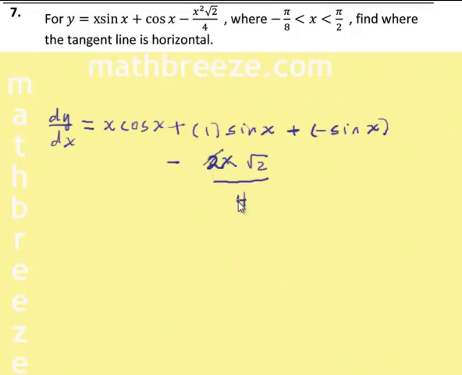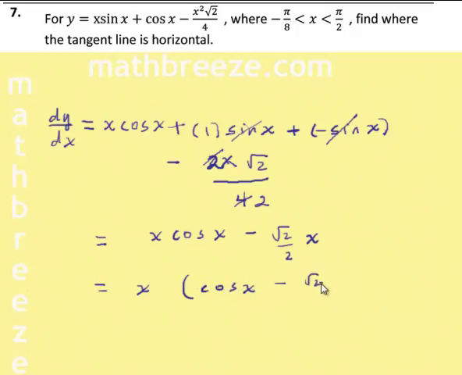And we'll just reduce that. Square root of 2 over 2 times x. And notice here we have sine x and minus sine x, so those cancel. So this dy dx is equal to x cosine x minus square root 2 over 2 times x. Let's factor out that x. And we have cos x minus square root 2 over 2.